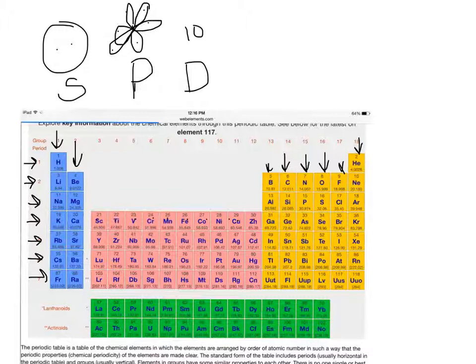So carbon's first electron is just the same as hydrogen's electron. And carbon's second electron is just the same as helium's. So I can look at the periodic table as a blueprint for how to write any element's electron configuration.